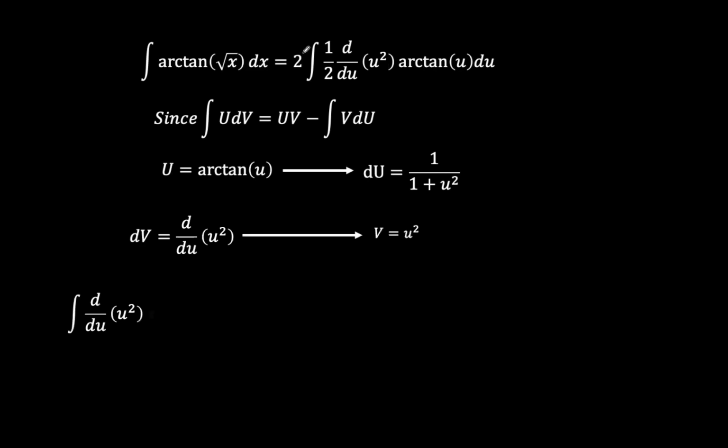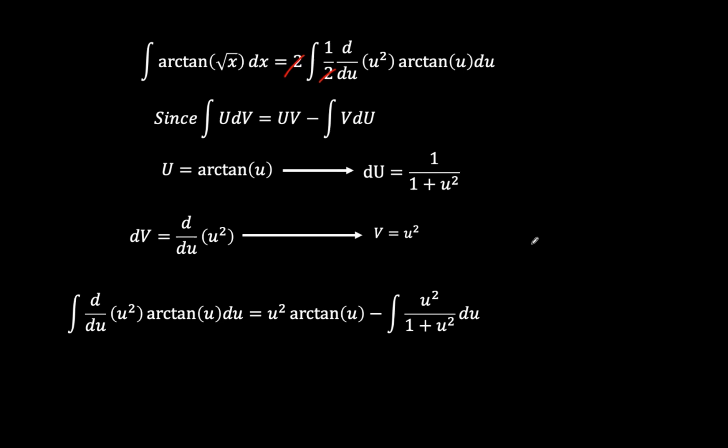And so the 2 and the half here cancel, therefore the integral of the derivative of u squared times arctangent of u is uv, which is arctangent of u times u squared, minus the integral of v du, where v here is u squared and du is 1 over 1 plus u squared.